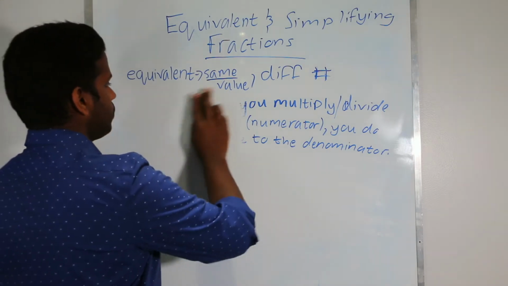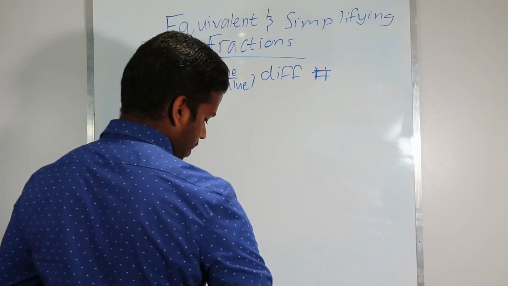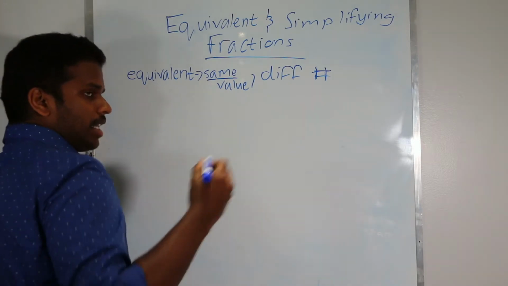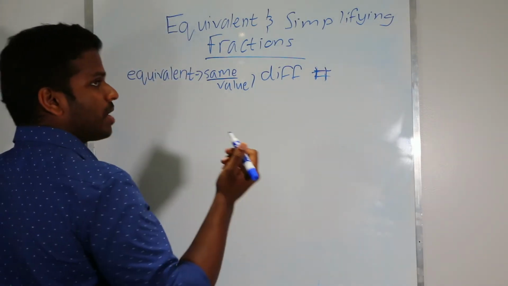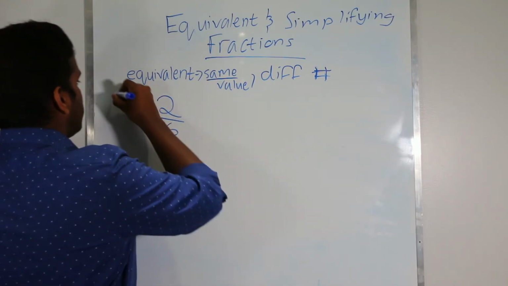When we're simplifying fractions, we're using the idea of factors and greatest common factor. Let me give you an easy example. We have 2 over 6. This is your final answer.